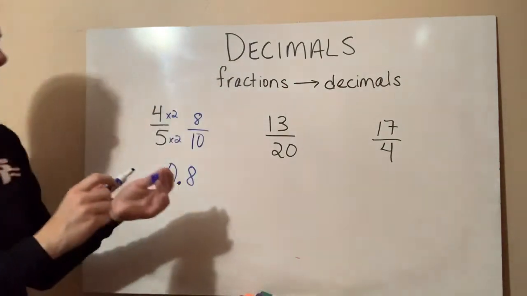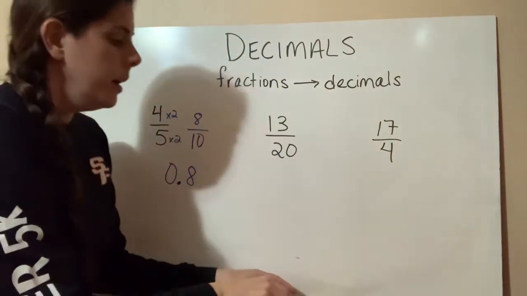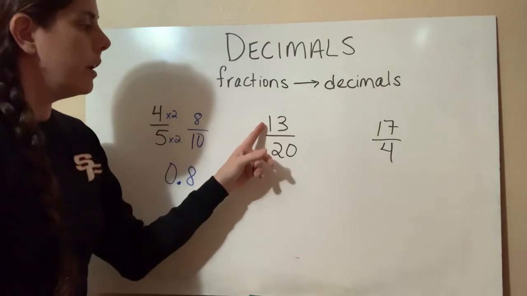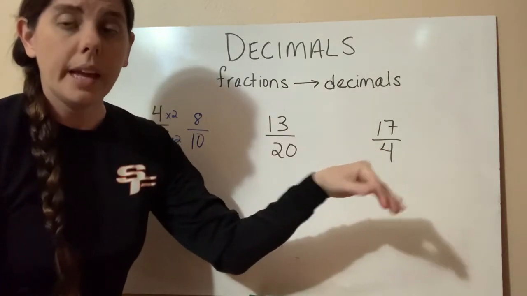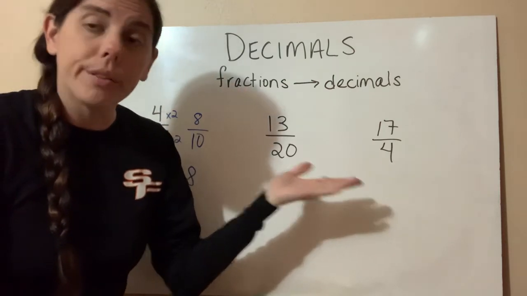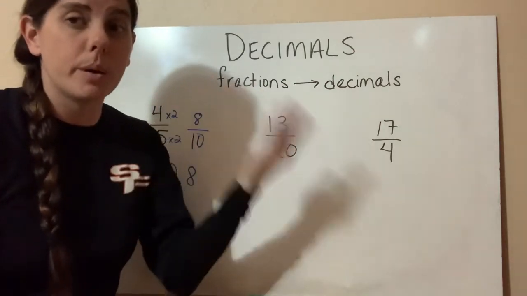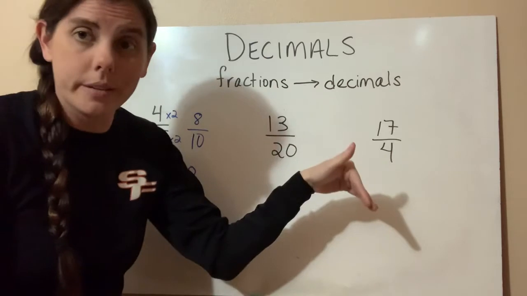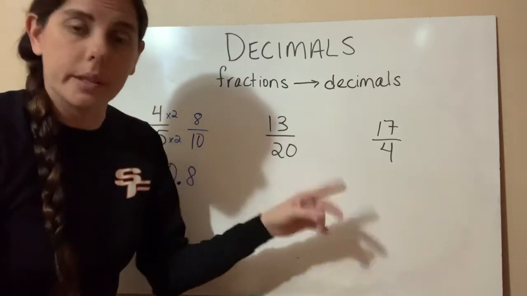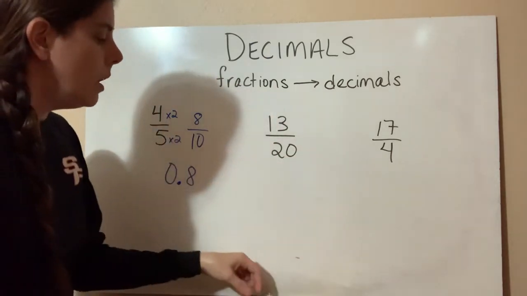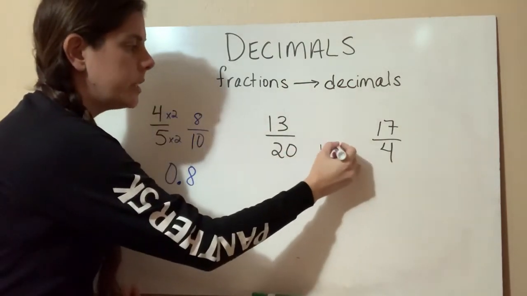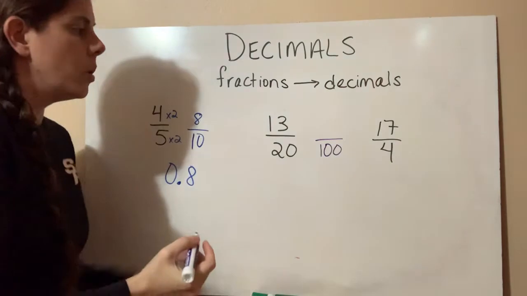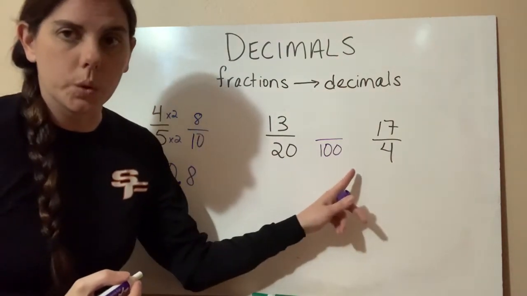Our next one is 13 over 20. Can we get 20 to equal 10, 100, or 1,000? Again, we could get it to equal all 3 of them, but the one that makes the most sense is 100, because we can use a whole number to get there. If we want 100 to be our new denominator, what did we do to the 20 to get it to equal 100?